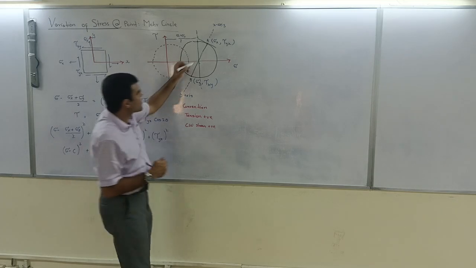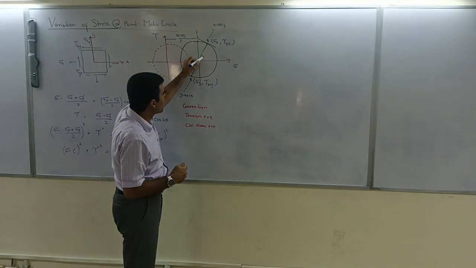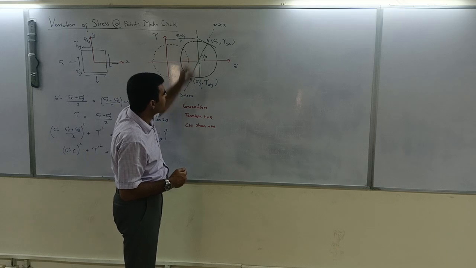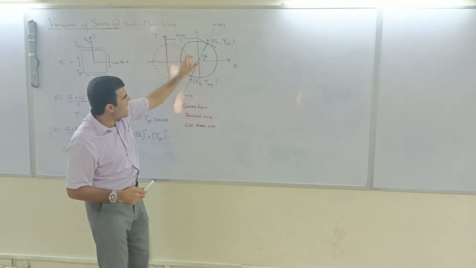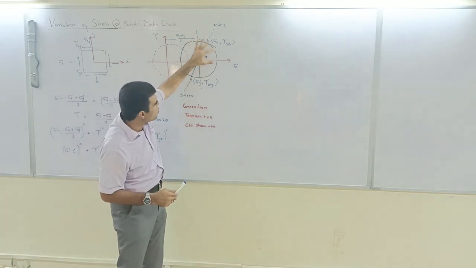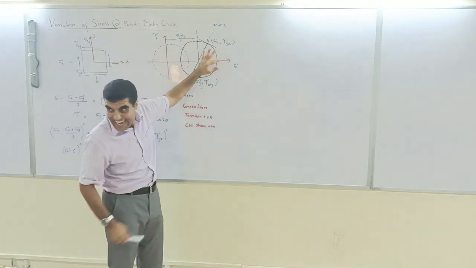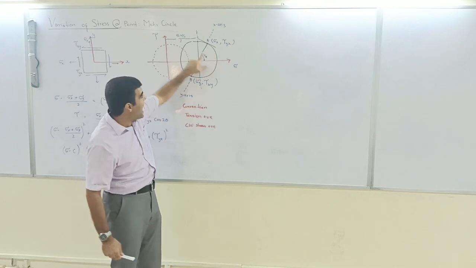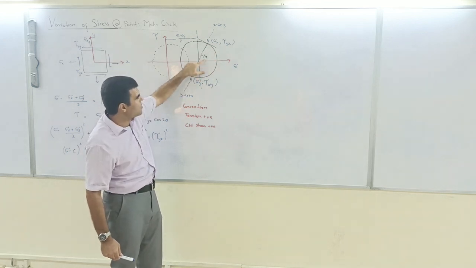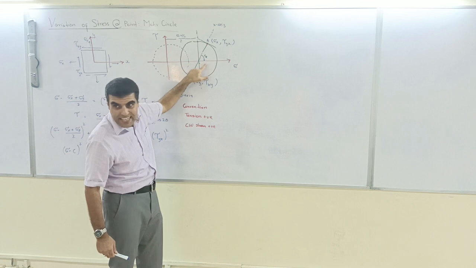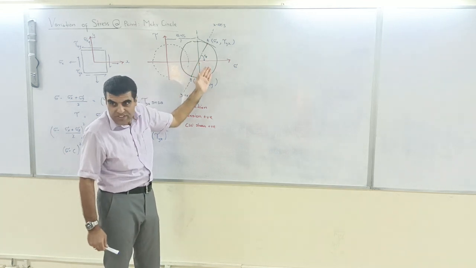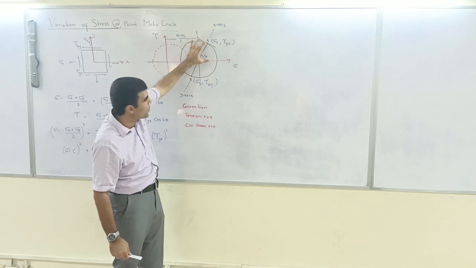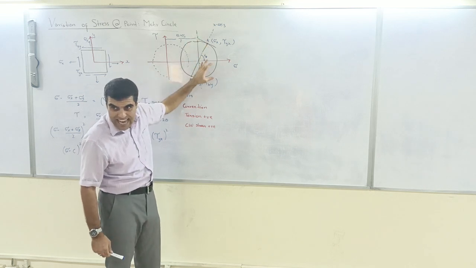So this principal axis is located at 2 theta from this axis, and you have to find out what 2 theta is. What is this angle? That angle you can easily find out. You know the radius, you know this one, so you can find this angle.